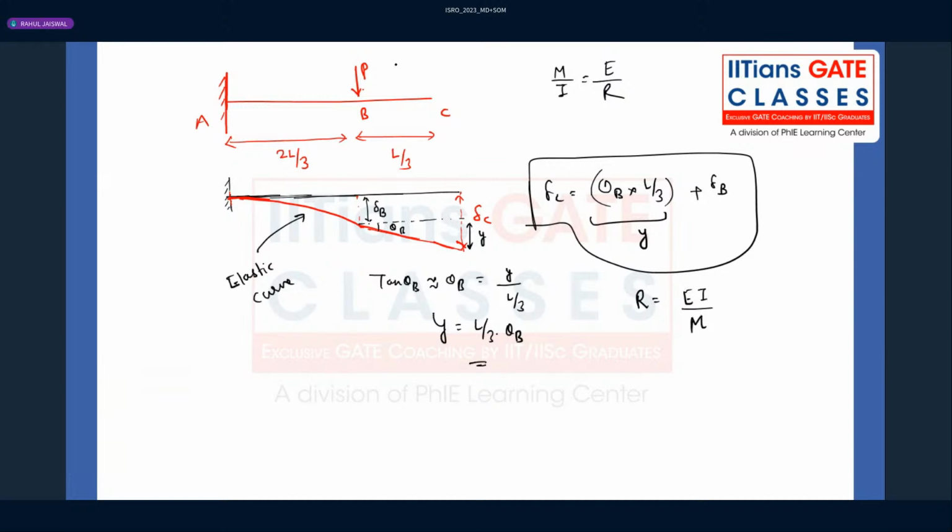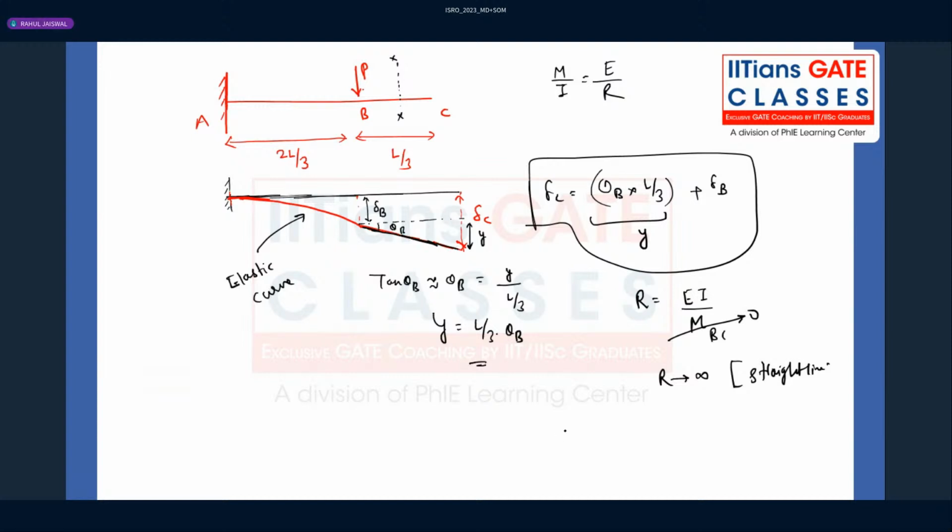When you look at section B and C, at any section you calculate the bending moment. In BC the bending moment is zero, so the radius of curvature will be infinite. For which curve do we have infinite radius of curvature? Straight line. That's why we have plotted a straight line here.